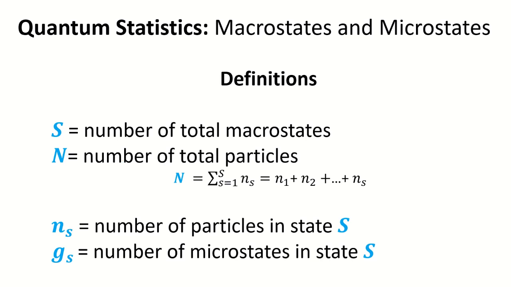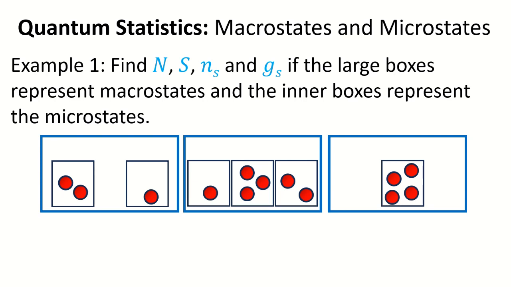So let's move on to our examples. Let's say, for example 1, find capital N, or the total number of particles, capital S, the total number of macrostates, N sub S and G sub S if the large boxes represent macrostates and the inner boxes represent the microstates. What we need to do is to assign the states their number.